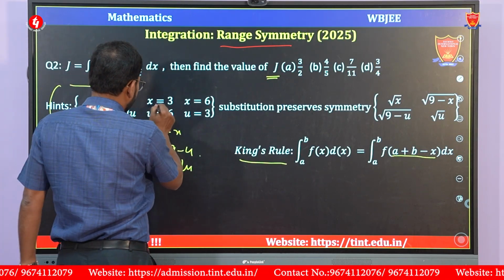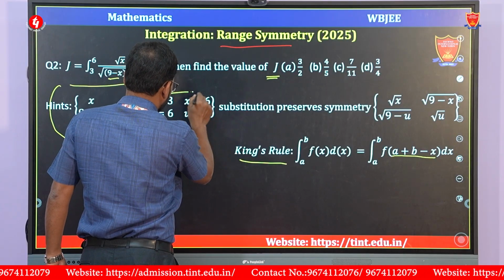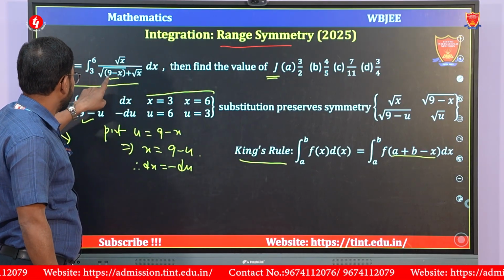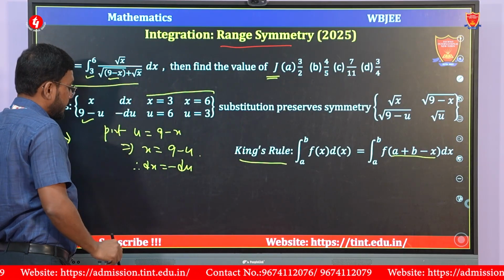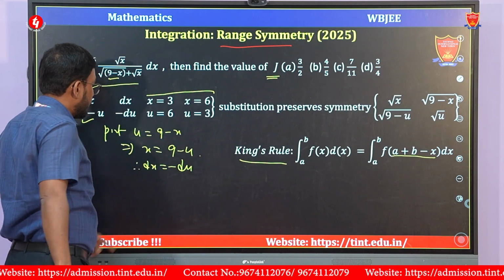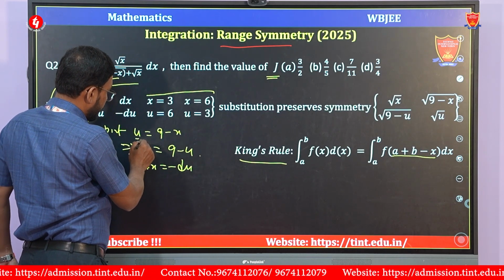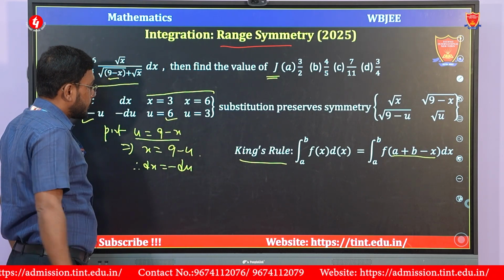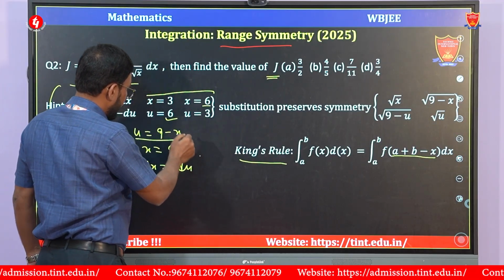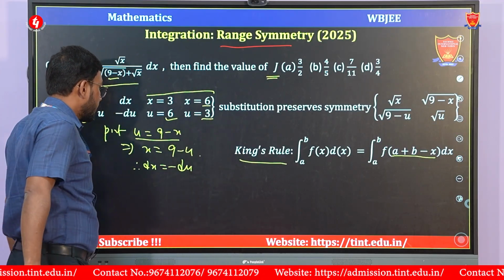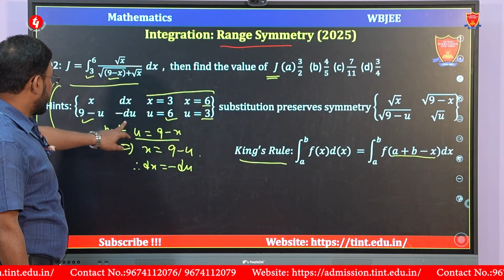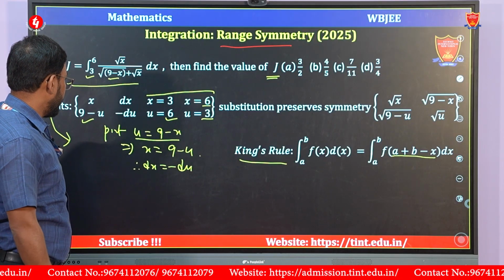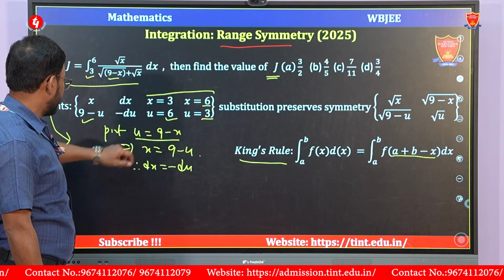Now, change the intervals. When x is 3, your lower limit, what is u? From here you get u is 6. Similarly, when x is 6, what is u? U is 3. Okay. So, you get the limits from this substitution.